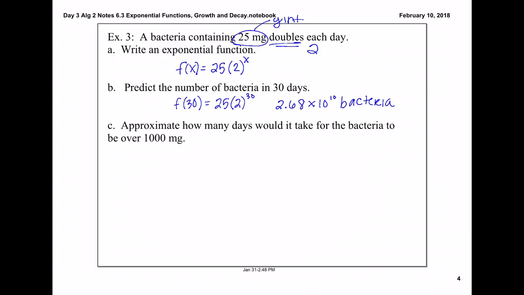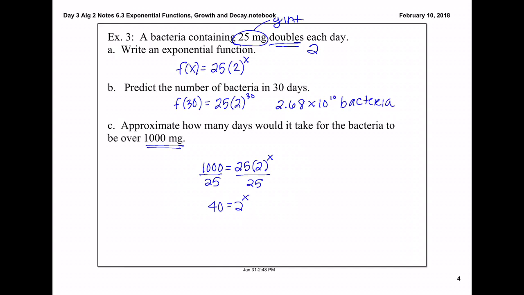Approximately how many days would it take the bacteria to be over 1,000 milligrams? Well, we know 1,000 milligrams represents our y. So if we set 1,000 equal to 25 times 2 to the x power and use inverse operations, we get 40 is equal to 2 to the x power.